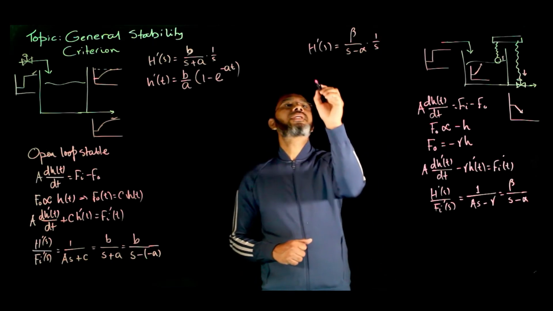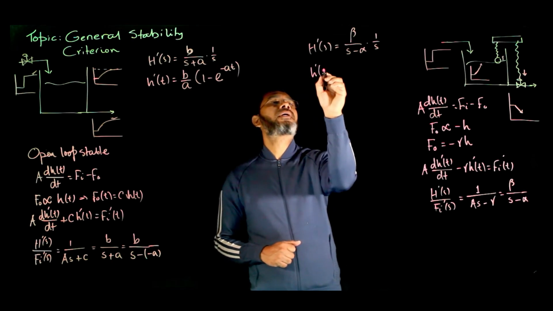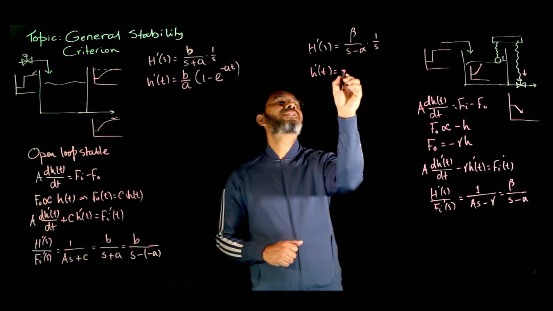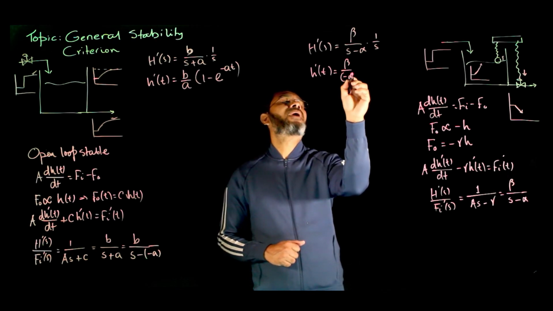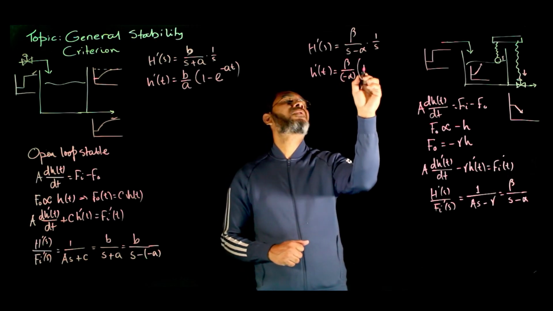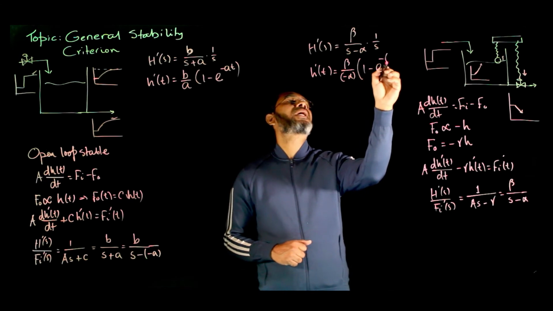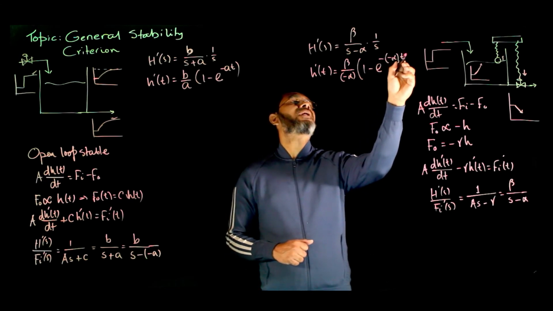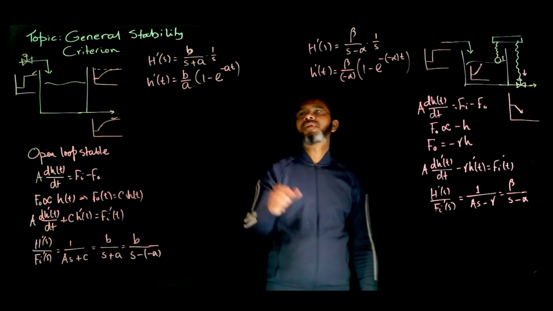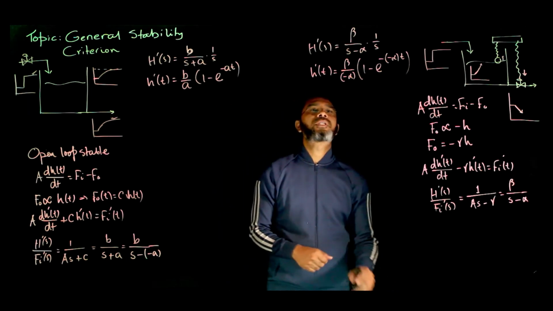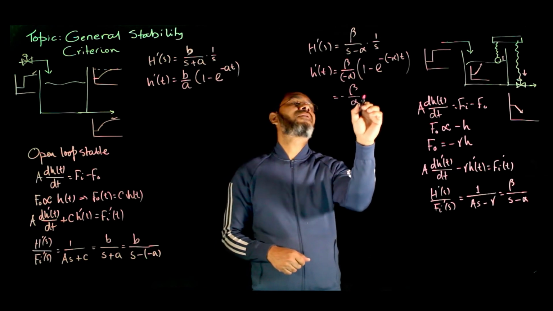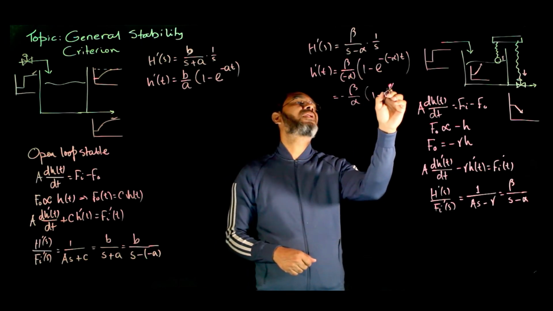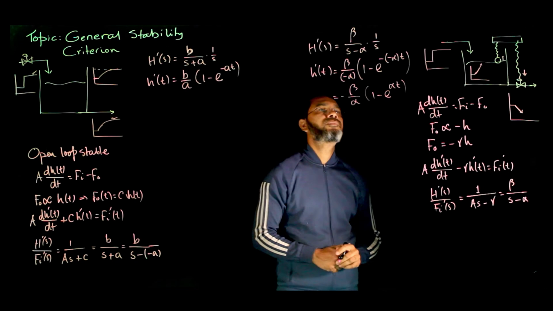And for this case, if we take the inverse Laplace, we'll simply get beta over minus alpha times 1 minus e to the power minus alpha t. Just following the same notation, we get minus beta over alpha times 1 minus e to the power alpha t.